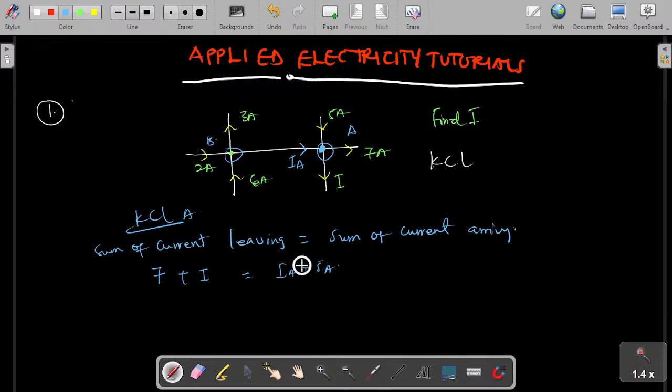So 7 plus I equals IA plus 5. This is the first step.